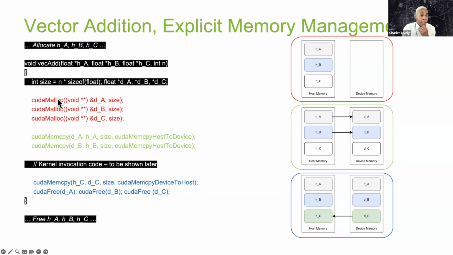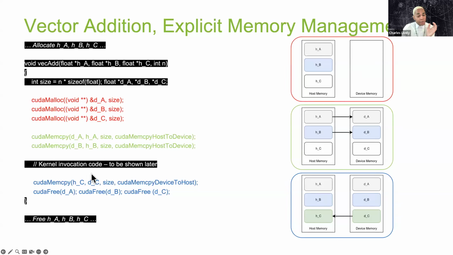So we allocate memory for our device A, device B, and device C, and we pass in the size as well. Then we also want to copy the memory from our host into the device, so we're going to do a memcpy from host to device for A as well as B. And then we'll do the operation. And then we want to copy the result from the device back to the host.